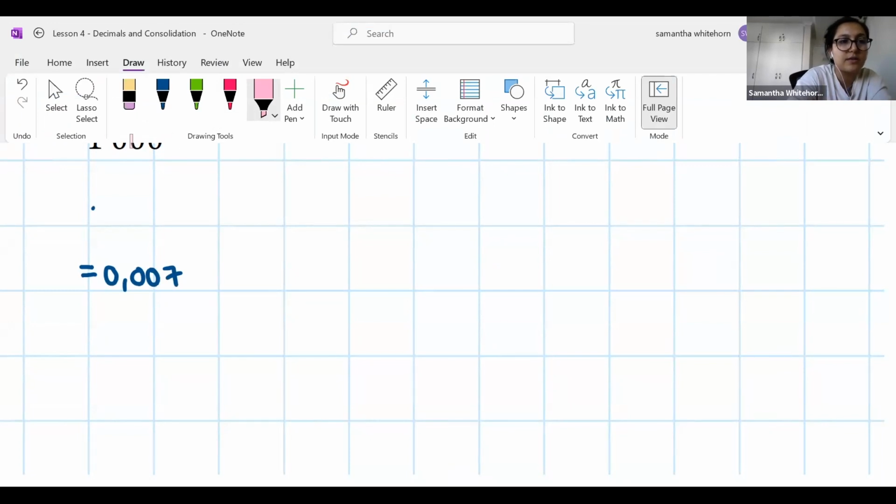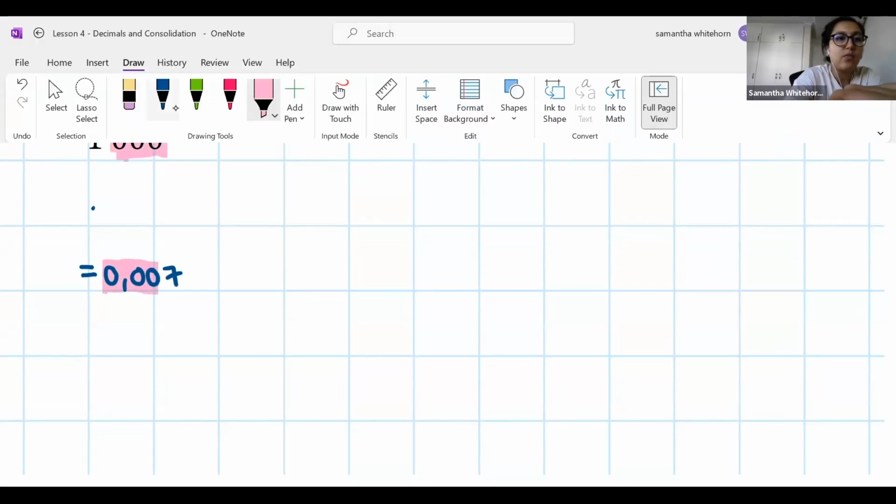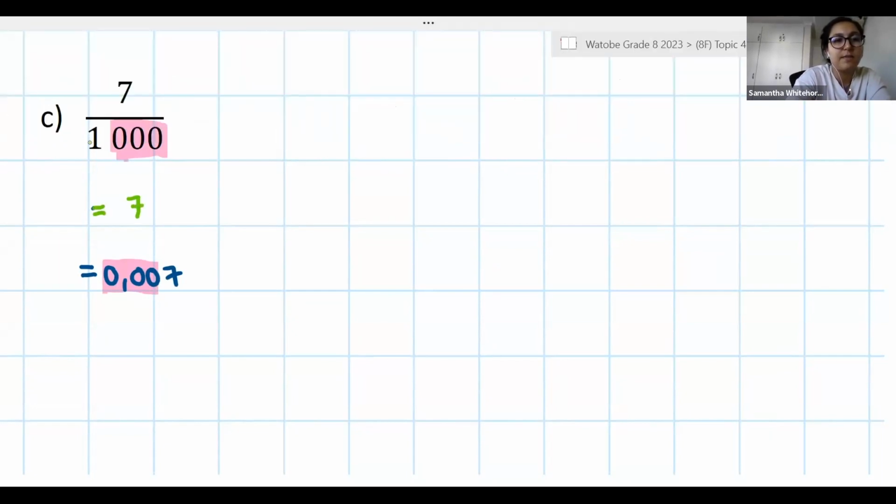Guys, why do we have that? Well, we know in 1,000, there are 3 zeros. So we need to have 3 zeros put into our answer. We can write this as division. So 7 divided by 1,000. Those 3 zeros are telling me to take my decimal and move it 1, 2, 3 places to the left.